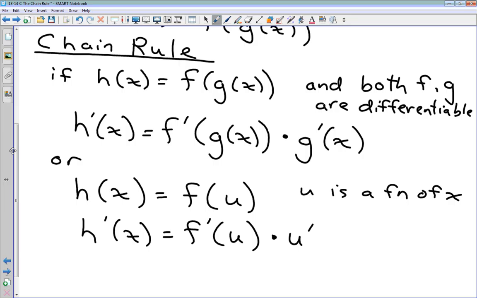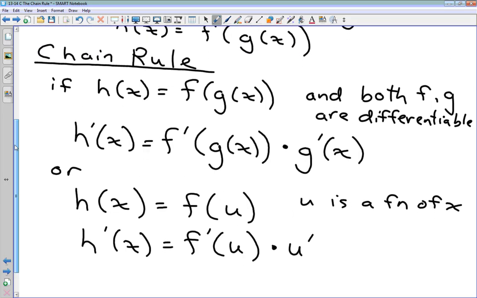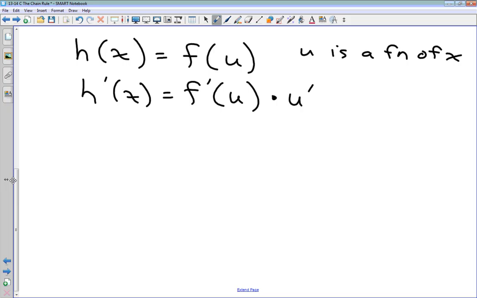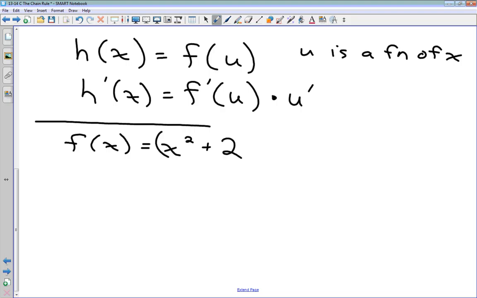So let's quickly apply that to the function that we created up above. We had this function, f at x equals x squared plus 2, and then that whole thing was squared. If we want to find the derivative of this, we said, okay, let's break it down into two functions that have been composed together.